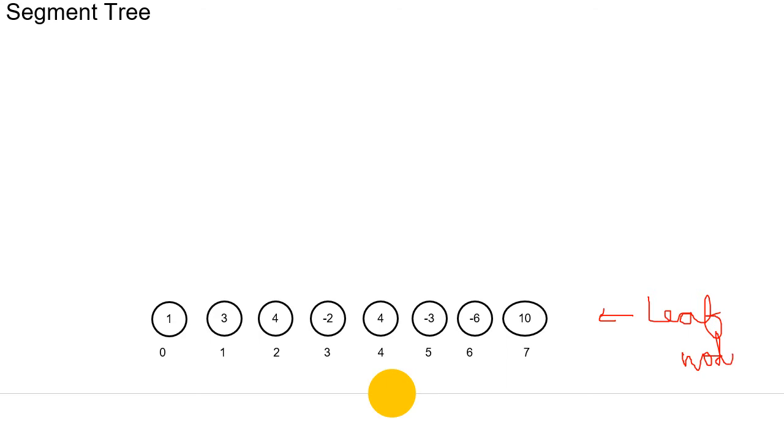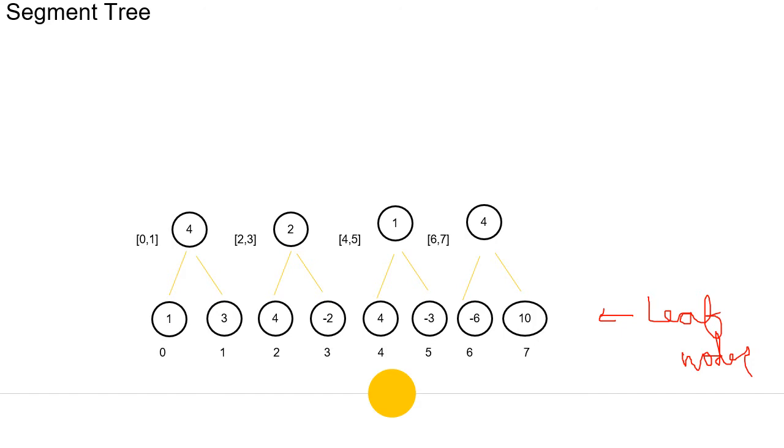Then what we do is that we construct second level nodes which have the sum of a particular segment of these leaf nodes. To understand this better, let's see. These are actually our second level nodes and these contain the sum of a particular segment of our leaf nodes.